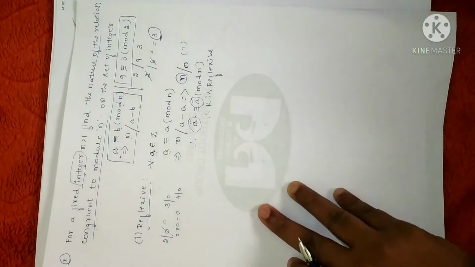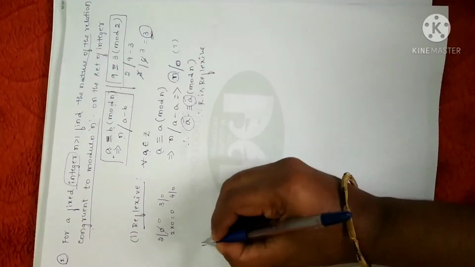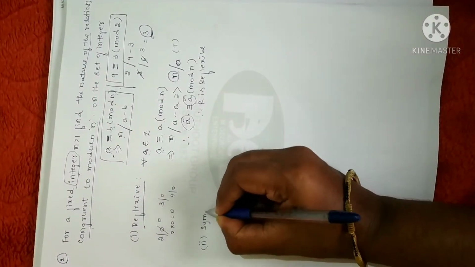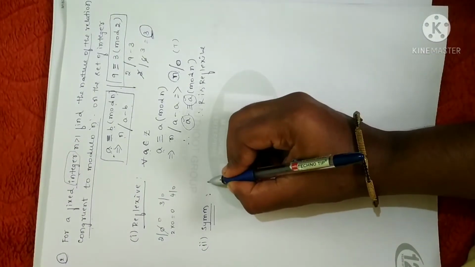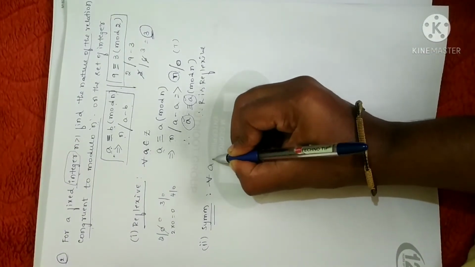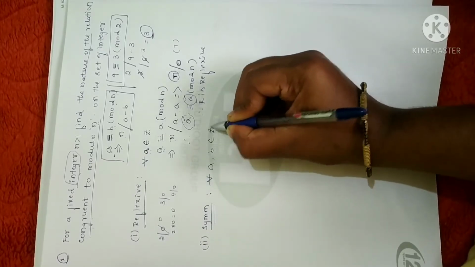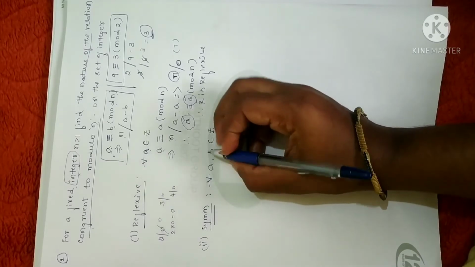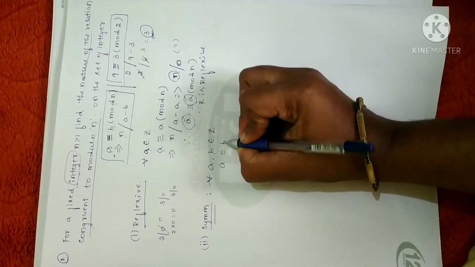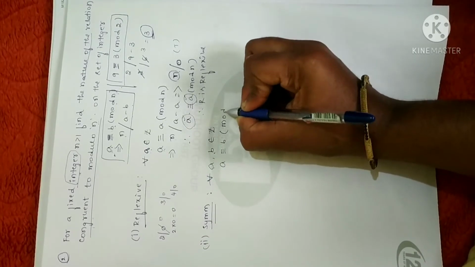Now, let me talk about symmetric. As per the property, when we talk about symmetric, we have to take 2 elements. Let me take 2 elements, A and B. Suppose A is congruent to B mod n.